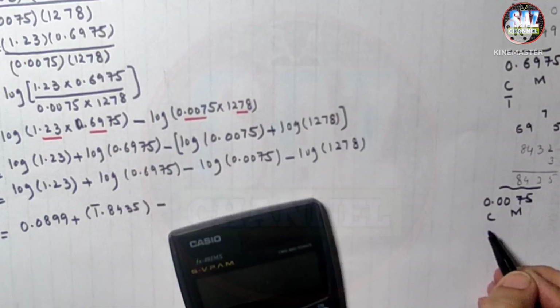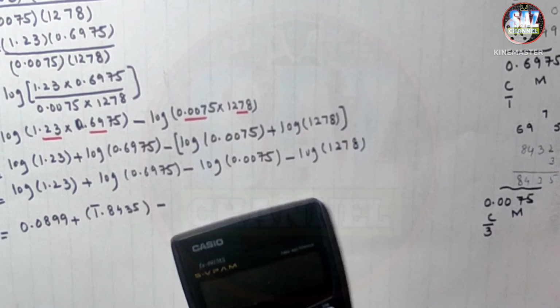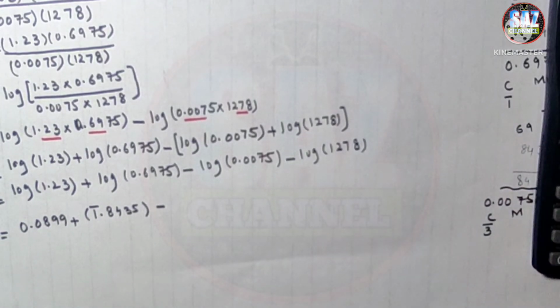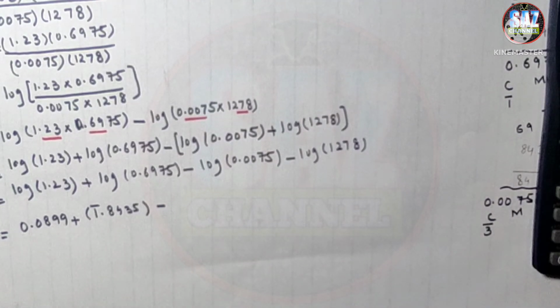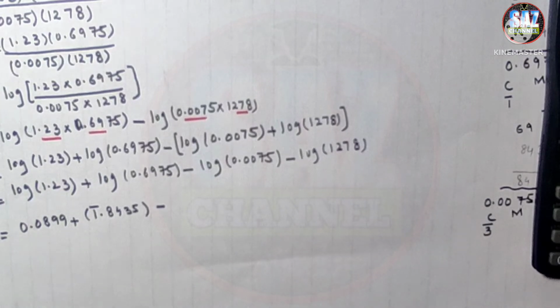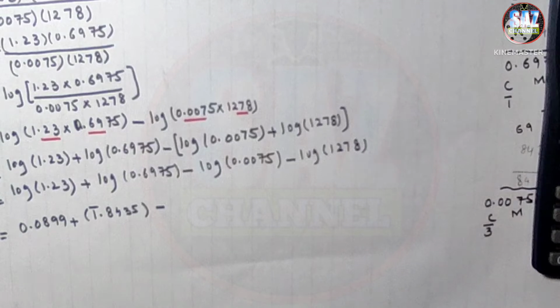So the characteristic of this part of the question is 3 bar, and now I have to locate mantissa. For mantissa purpose, we have to locate 75 in the column of 0, and this gives me 8751.